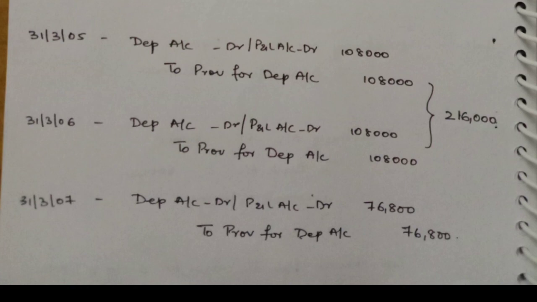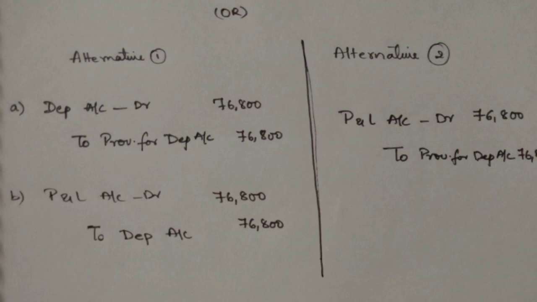Depreciation account debit to provision for depreciation account, or else in this entry only, like I have given here, slash P&L account debit. You can directly take it as P&L account debit to provision for depreciation account, or you can record two entries. The first entry is depreciation account debit to provision for depreciation account.